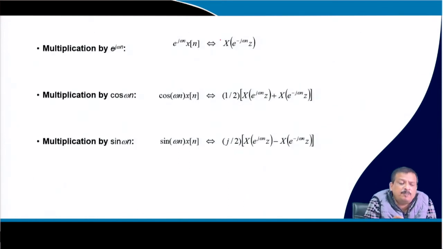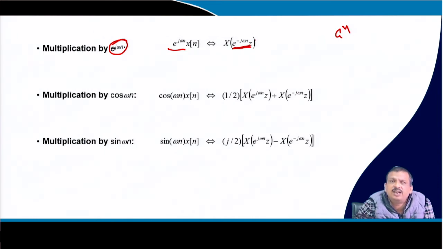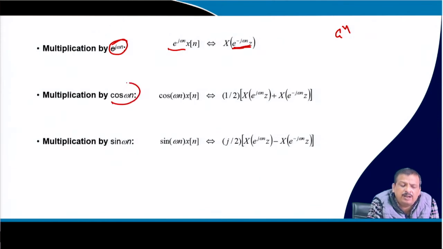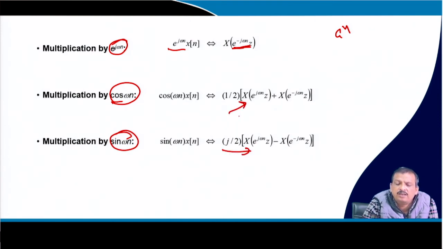Similarly, instead of a to the power n, I can scale it by e to the power j omega n, so it is nothing but e to the power j omega n into z. I can multiply by cos omega n, I can multiply by sin omega n.